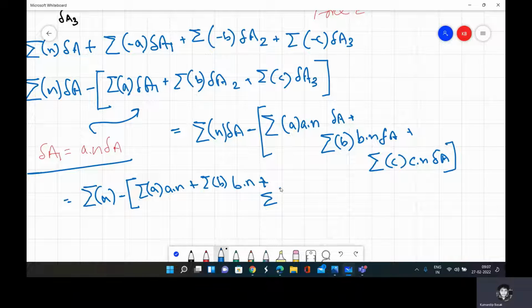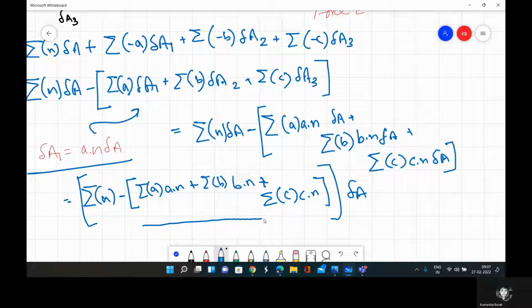This is summed over all of the surfaces there, and overall we can take dA as common. Now we can get this expression, we derive this expression. So you understand that the expression in the bracket is the expression for the sum of the surface forces, which is itself a vector quantity.